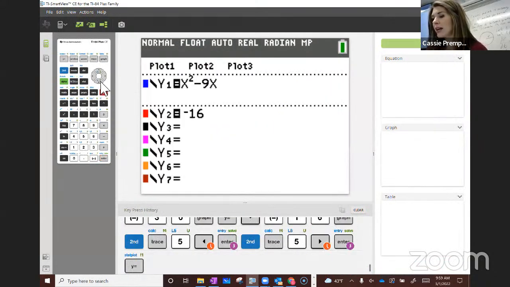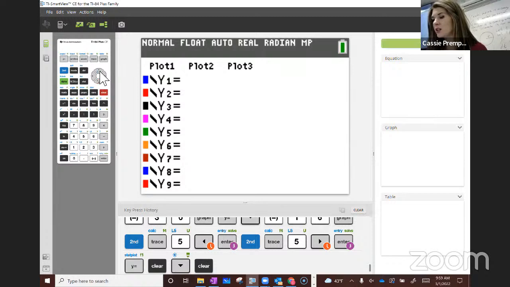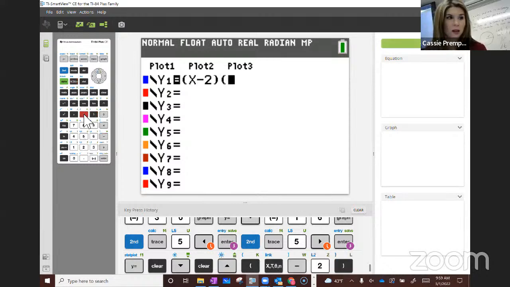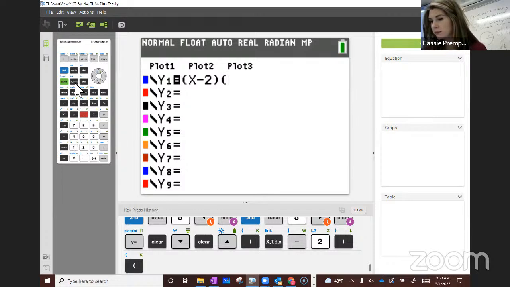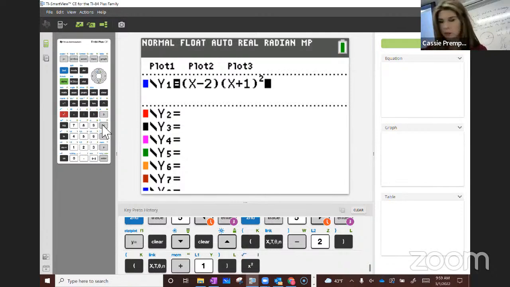In your calculator, you don't have to multiply it all out. You're just going to type it in exactly as you see the equation. So our equation is quantity x minus 2 times quantity x plus 1 squared times, what's the last one? x plus 3.